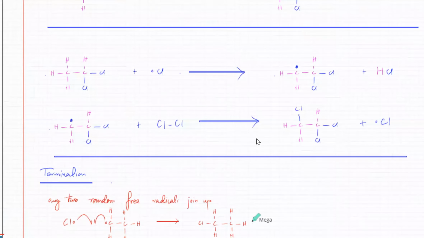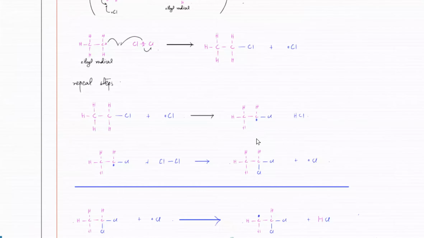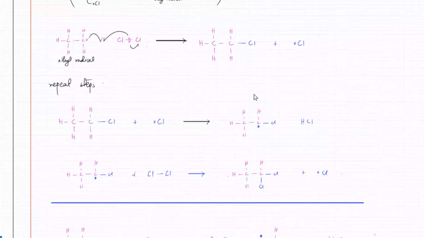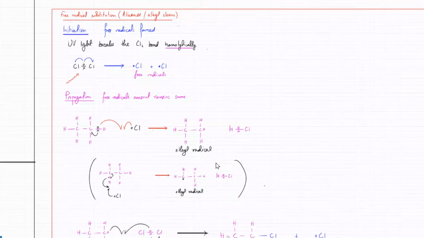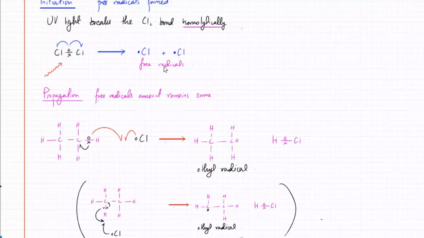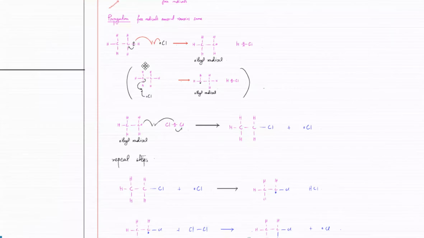There are lots of free radicals randomly getting produced everywhere, in every step. You can think of thousands of molecules undergoing this propagation step. Even in the first step, there would be thousands of chlorine molecules and free radicals getting produced. So any two of those free radicals could simply join up with each other.